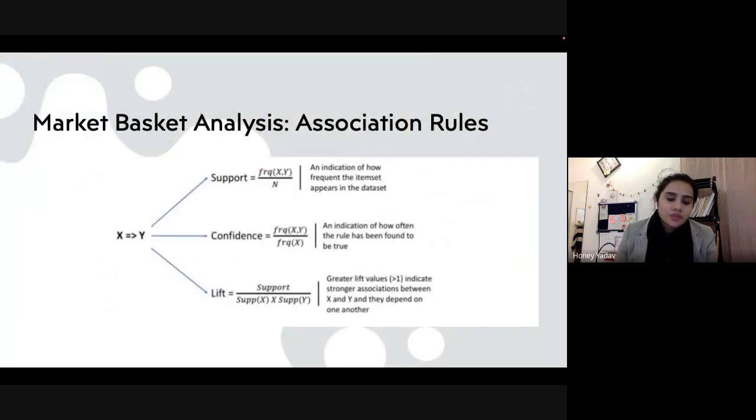Apart from this, the same formula is used for market basket analysis, to calculate and to filter our results.